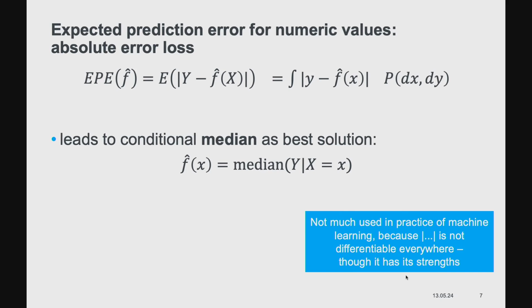Just to give you an intuition how the two might vary, we could look, for example, at age and income. Let's say we want to predict income from age, so age would be here and income would be here.